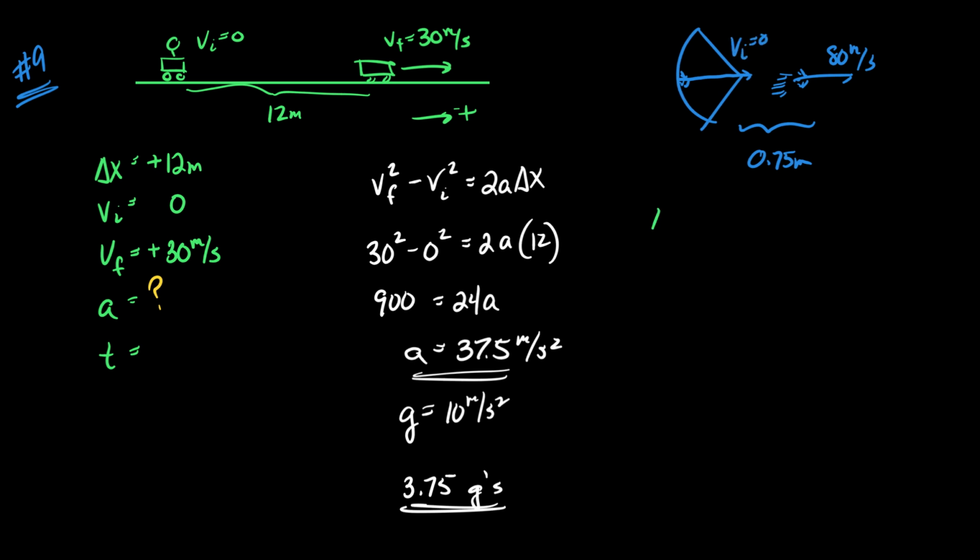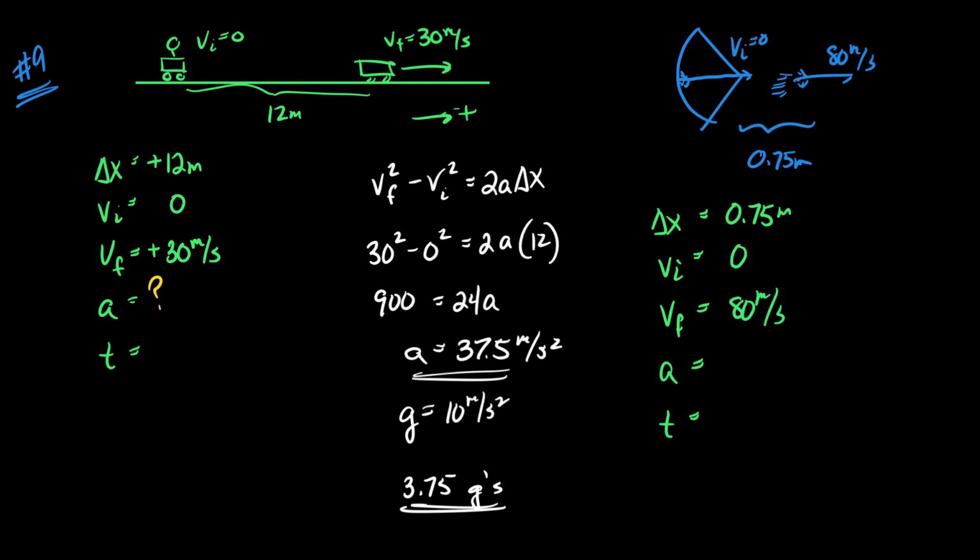So delta x, vi, v final, a, t. Delta x is 0.75 meters. Initial velocity is 0, final velocity 80 meters per second.